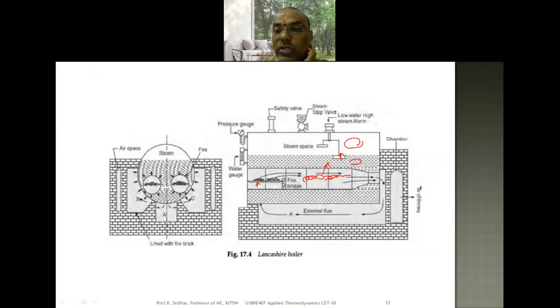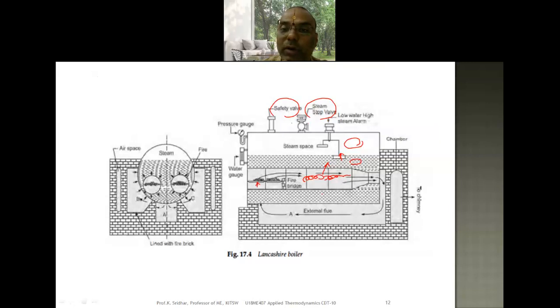This steam is sent to the turbine. Here you can see the safety valve and the steam stop valve, because these are the boiler mountings. The boiler mountings are very essential to run the boiler safely. Without the boiler mountings, the boiler will not work safely.